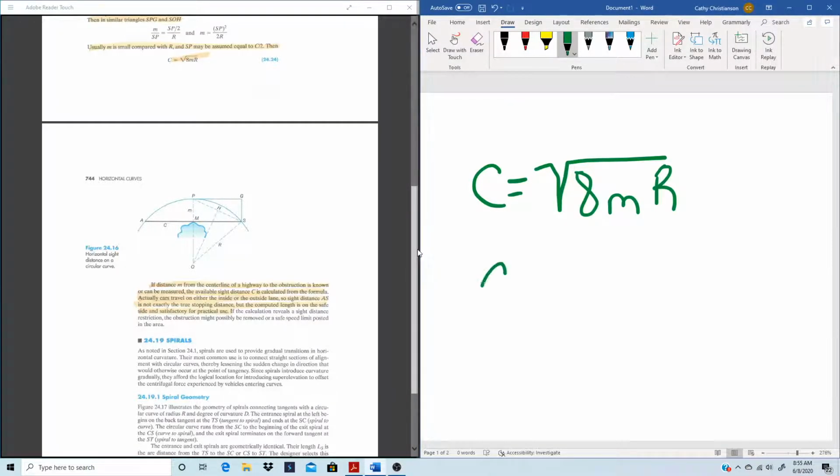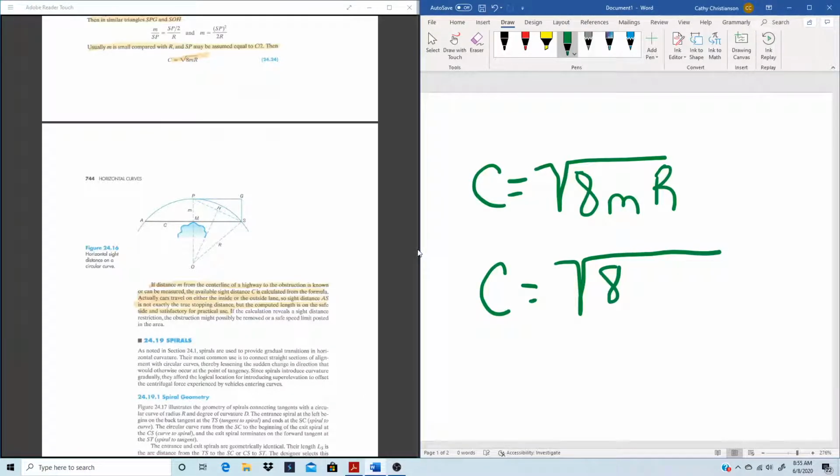I think I did one in class, and I'll look at it in the back of the book. I gave you one for your homework, but I want to look at the one for problem 24-28. The obstruction is 15 feet. This is given.